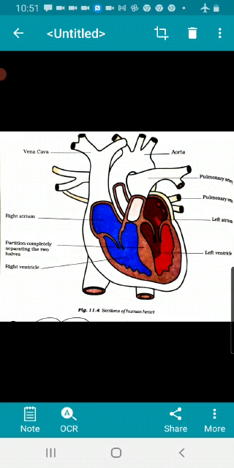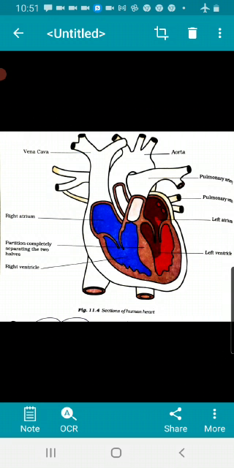The throbbing movement caused by the flow of blood in arteries is called the pulse. The number of times the pulse beats in a minute is called pulse rate. Generally, a person at rest has a pulse rate of about 72 to 80 beats per minute.